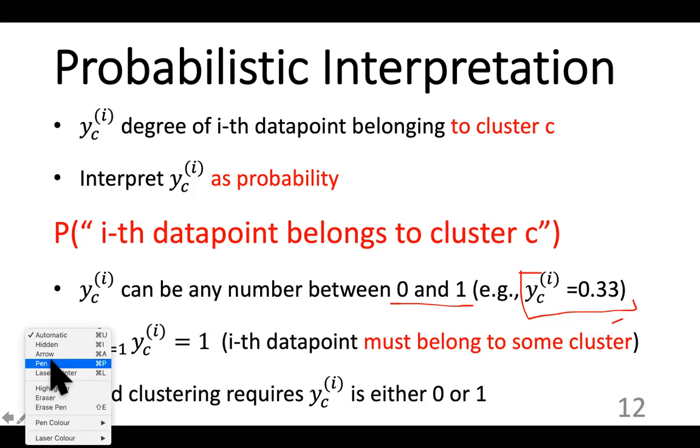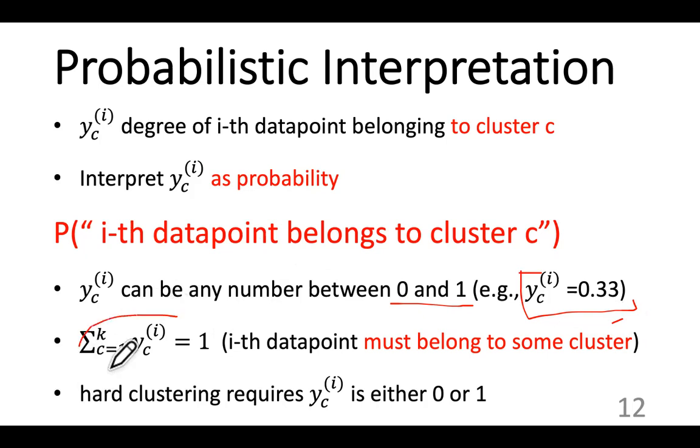It's a good idea to define, this is now just a definition, we require this. We define the labels such that the sum over all degrees of belonging for a certain data point, so this data point index i is fixed here, and if we sum over all clusters, then the sum of degrees of belonging is 1. And what we express with this requirement is that the ith data point must belong to one of the k clusters. So even if it belongs only with 50% to cluster 1 and 50% to cluster 2, it must with 100% belong to any of the k clusters.